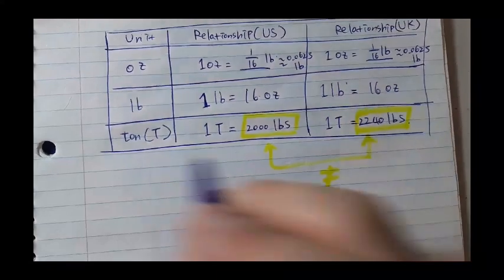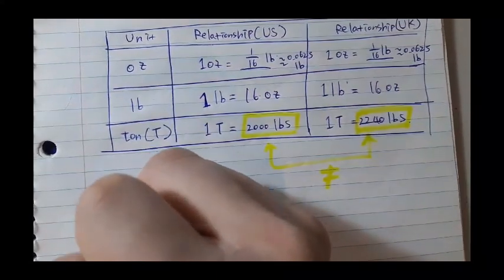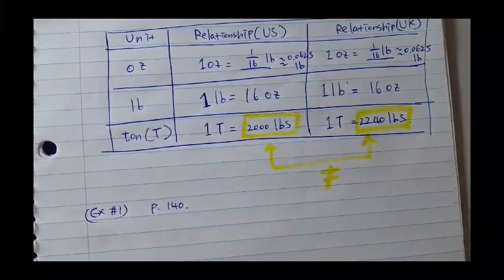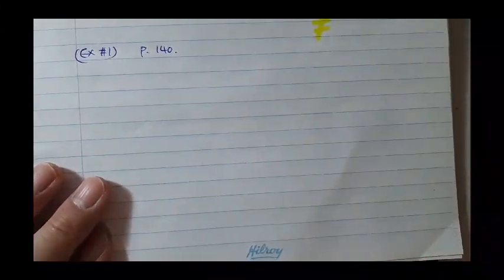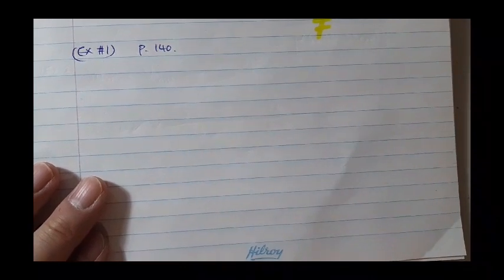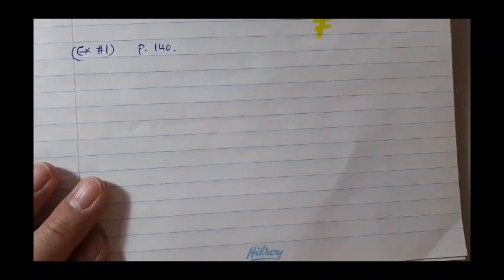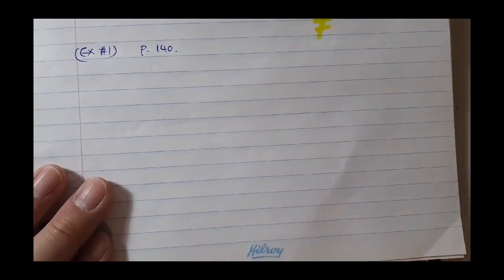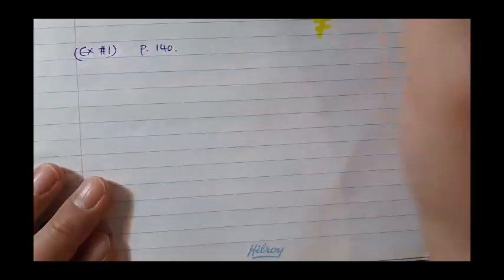Now let's deal with one of our class examples on page 140. So, right now, the question is saying before paving a driveway, Josh needs to spread 3 cubic yards of gravel.